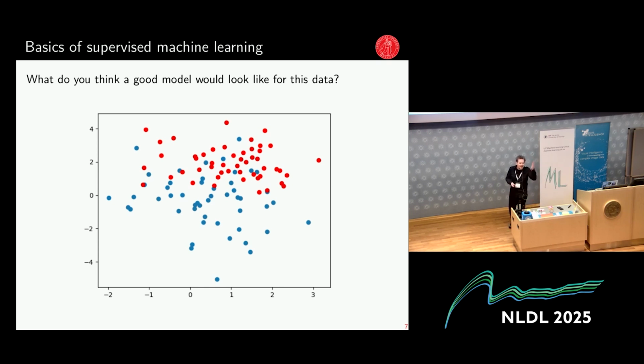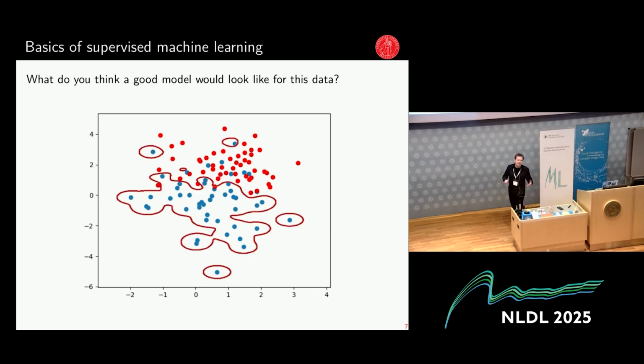So if we have a data set like this, where you see that the instances belonging to the blue class and to the red class are sort of interspersed with each other, right? And then we can devise a model with a decision boundary like this. So very intricate, very crazy decision boundary.